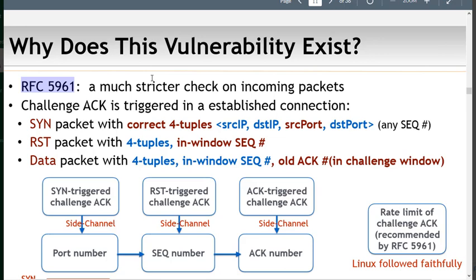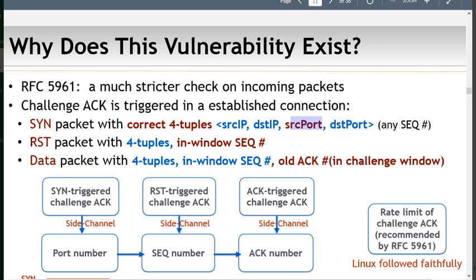The two things combined together actually provide a side channel attack for the bad guy to derive whether or not his guess is correct. So how do they do that? First, they use the SYN packet to figure out the port number of the client, because for the correct port number and the SYN packet, any sequence number will lead to a challenge ACK.